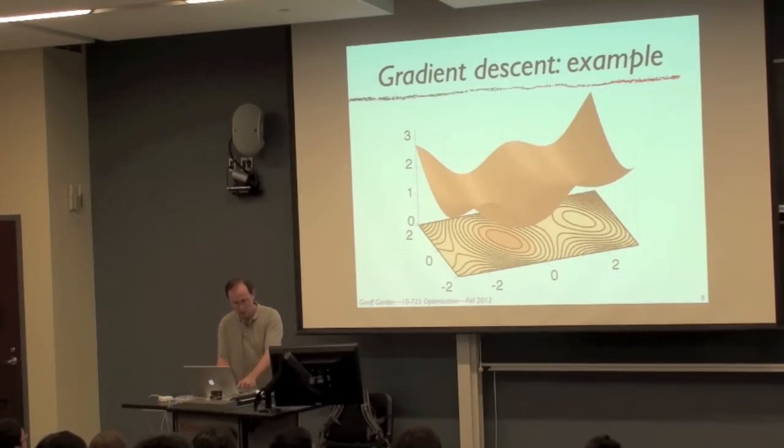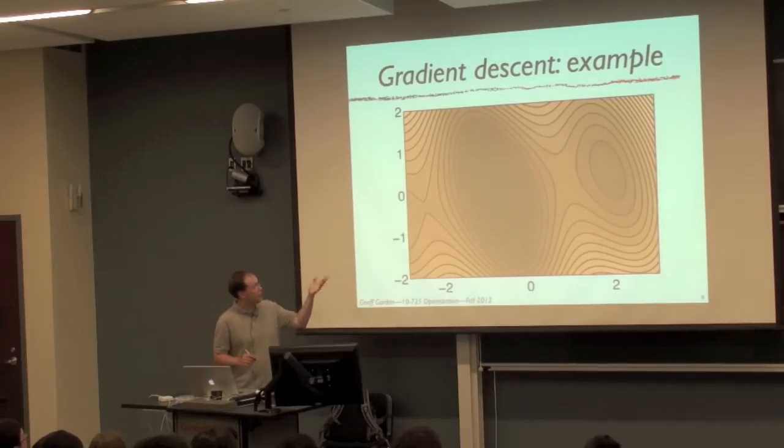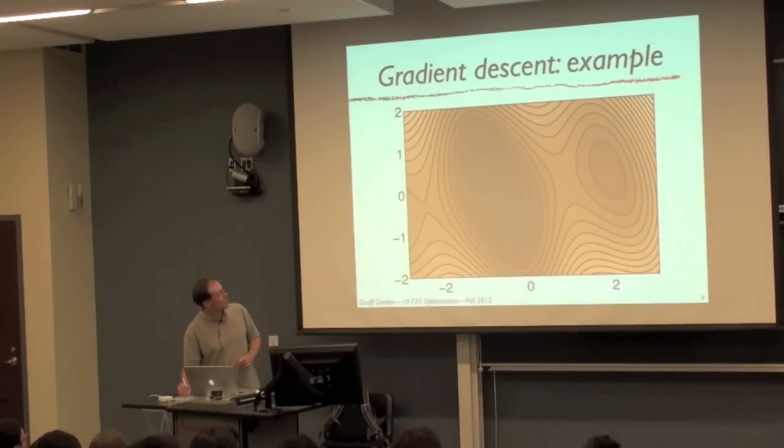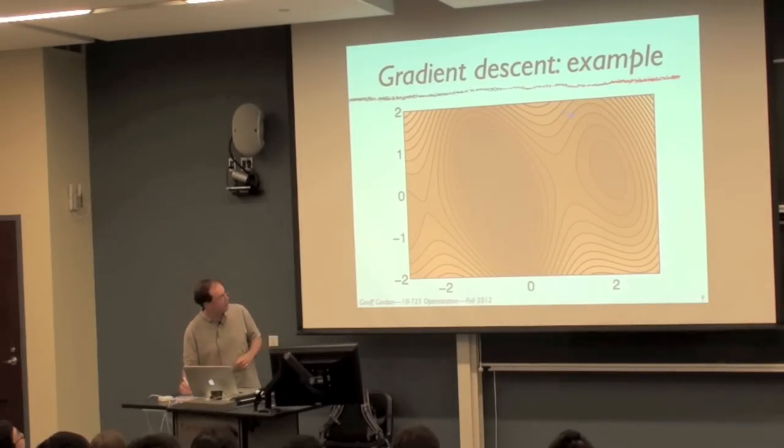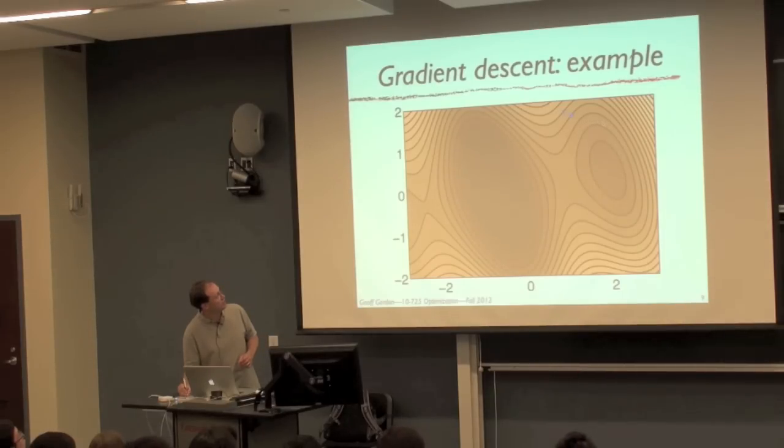So here's the contour plot again, and if we start gradient descent, let's say we start right there, right? Well, the gradient will wind up pointing in this direction, orthogonal to the contour line and pointing uphill. And so for our next point, we'll go some distance in that direction. Let's say we go over here.